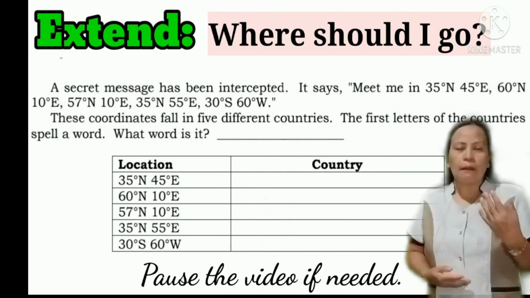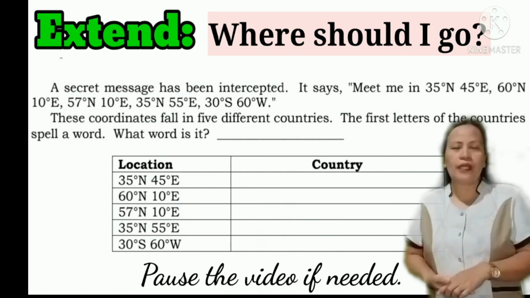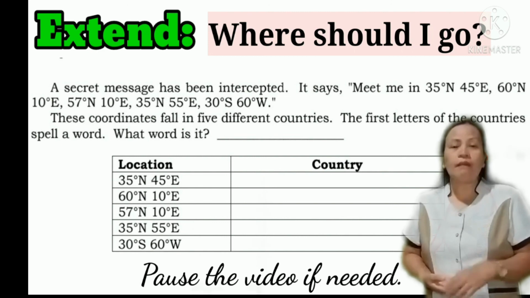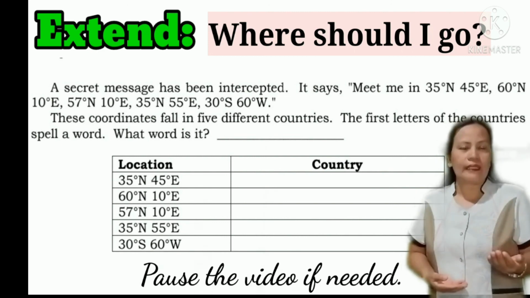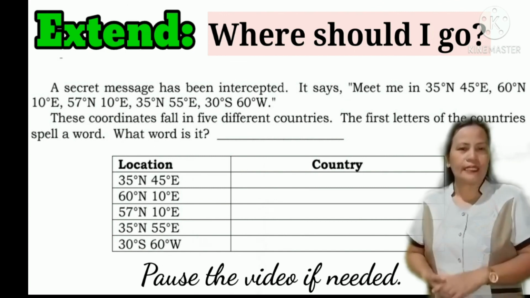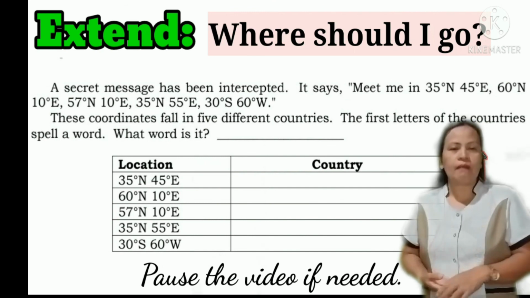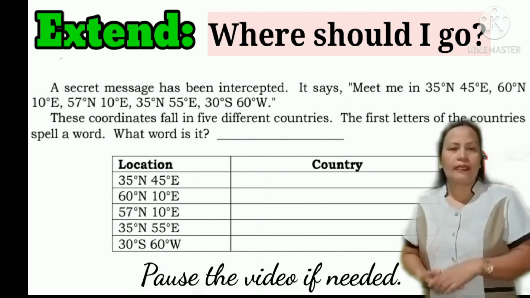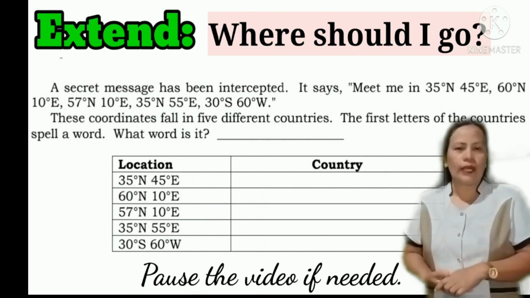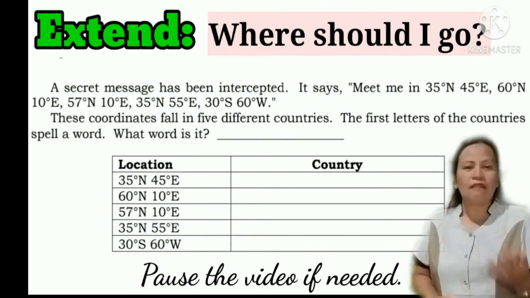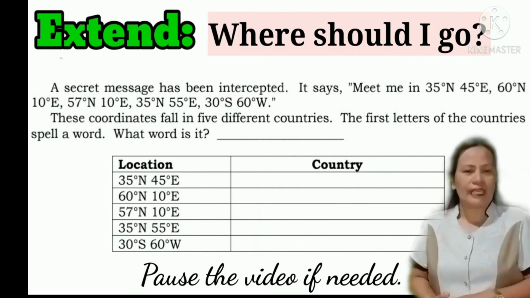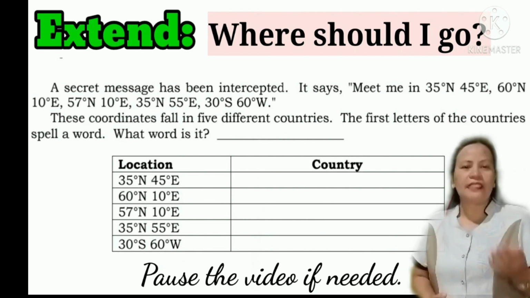It says, "Meet me in 35 degrees north and 45 degrees east, 60 degrees north and 10 degrees east, 57 degrees north and 10 degrees east, 35 degrees north and 55 degrees east, 30 degrees south and 60 degrees west." These coordinates fall in 5 different countries. The first letters of the countries spell a word. So what word is it?